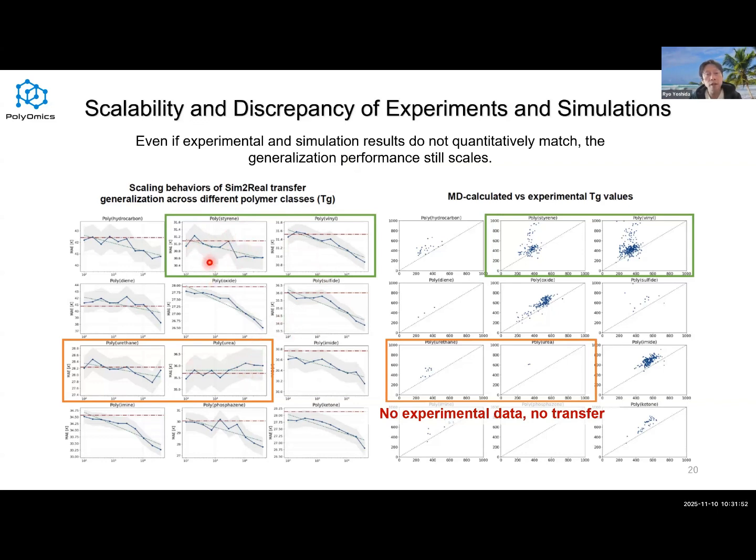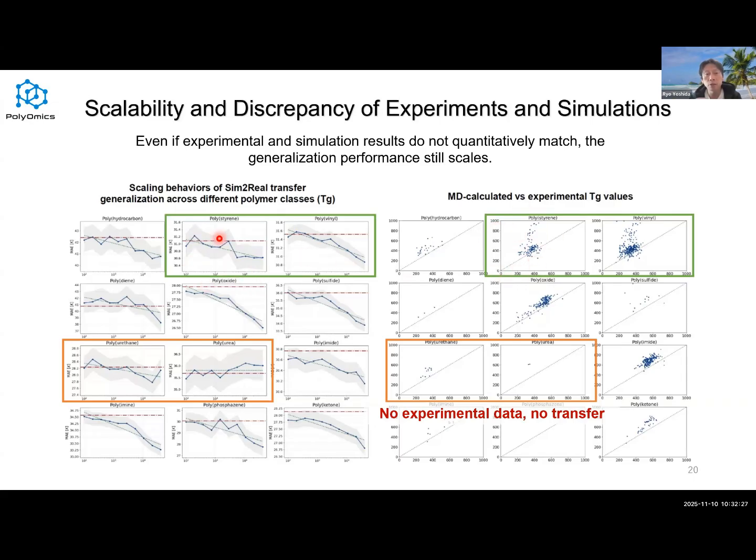So the scaling behavior for each polymer class is shown here, compared to the discrepancy between simulation and experiment. The MD-calculated property and the experimental value for the glass transition temperature are shown on the right panel. As you can see from the figure, the simulation exhibits inconsistency with experimental data.